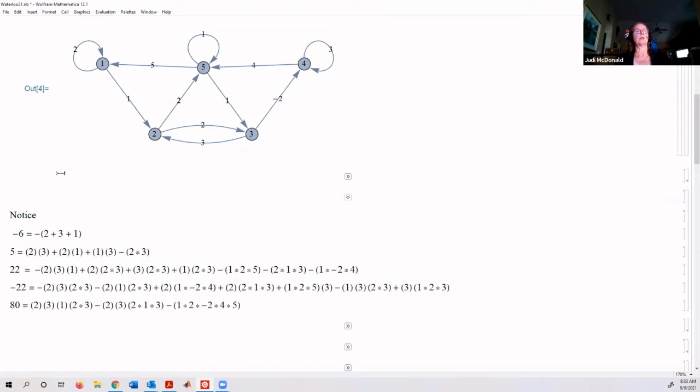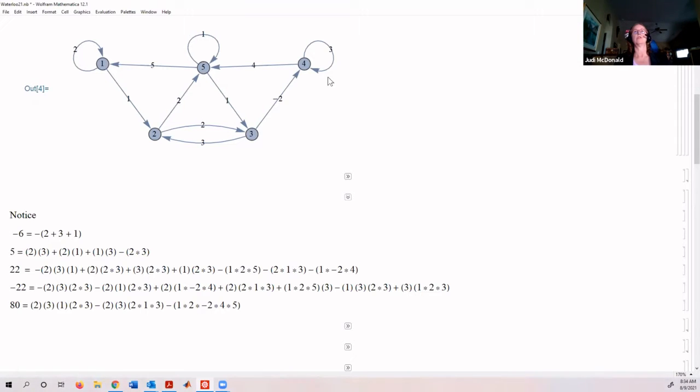And if we look, I've got 3 loops, so 3 1-cycles, weighted 2, 1, and 3. If I add those up and negate it, I get -6. 5 was the coefficient of x to the n minus 2. And I can create disjoint cycles of total length 2 by pairing my loops.